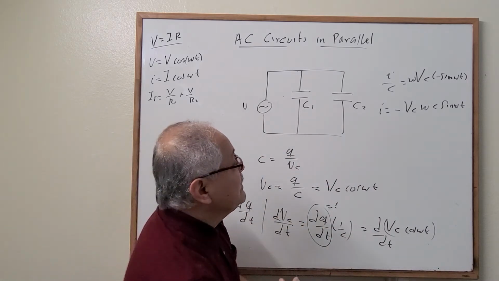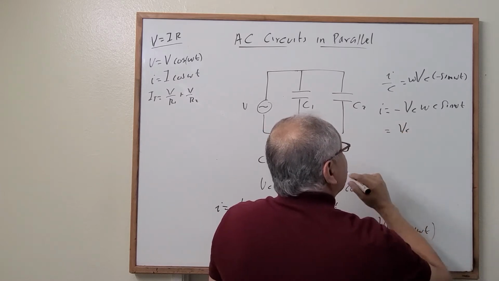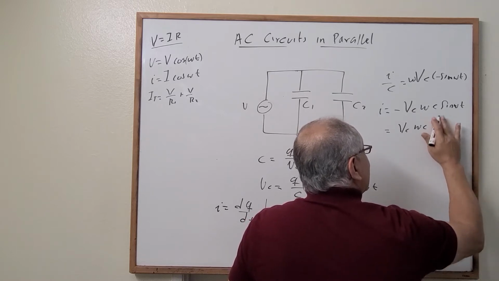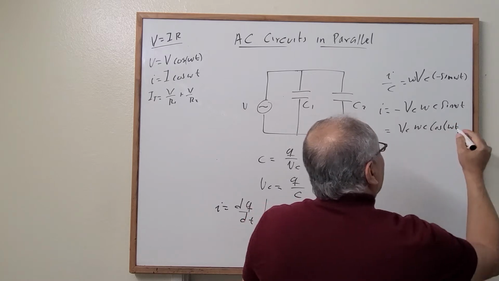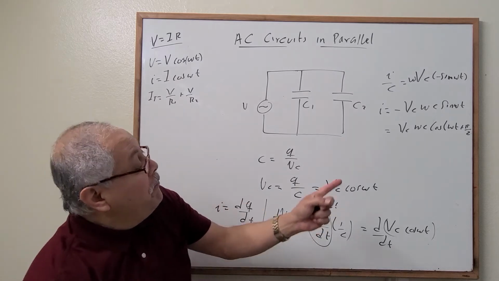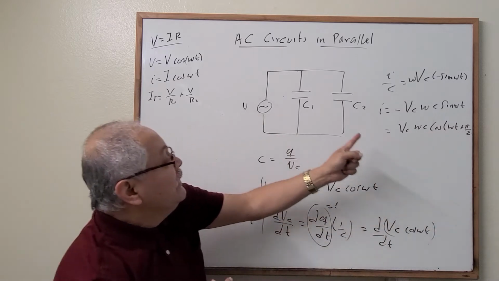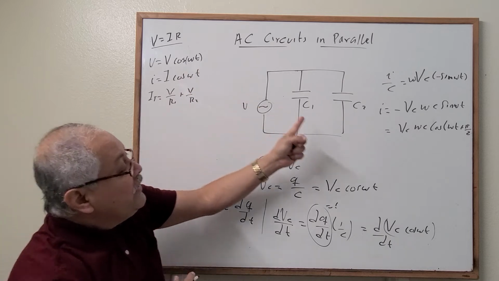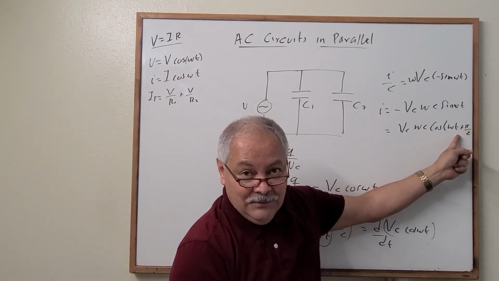Or we can also represent this in this way. This is equal to V_C omega C, correct, cosine of omega t plus pi divided by 2. Now, when we compare this quantity, which is a function of cosine, to the quantity of voltage, which is also cosine, we can see that there is a phase difference of pi divided by 2.